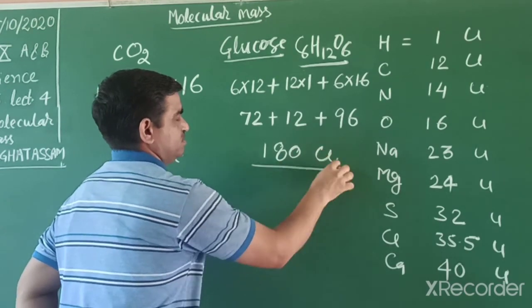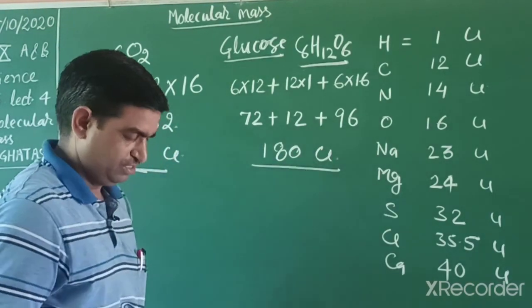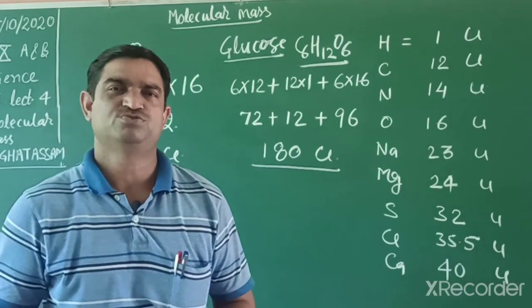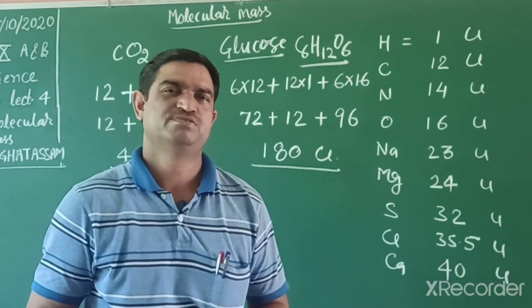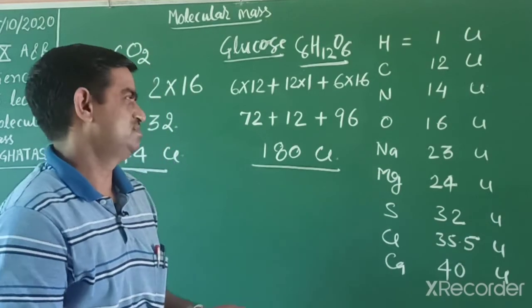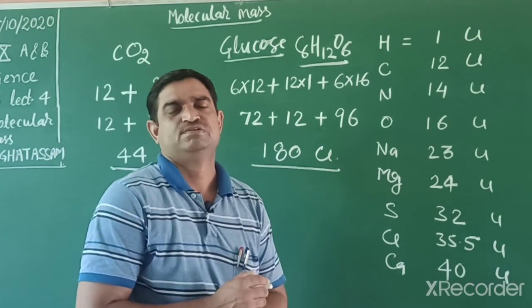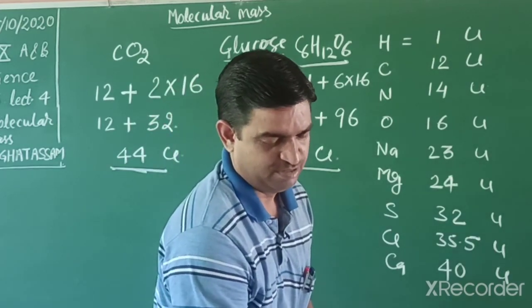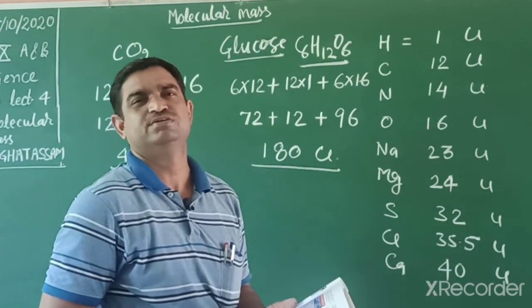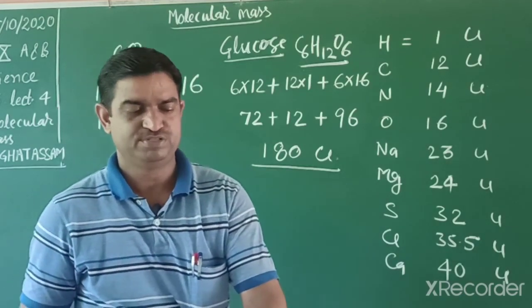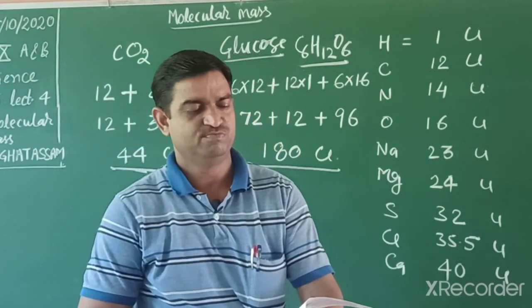So students, in this way you can easily find the molecular mass of any compound, but the unit we write is u, meaning a single molecule mass. In your NCERT book, other compounds are also given at page number 40 to find out molecular mass.